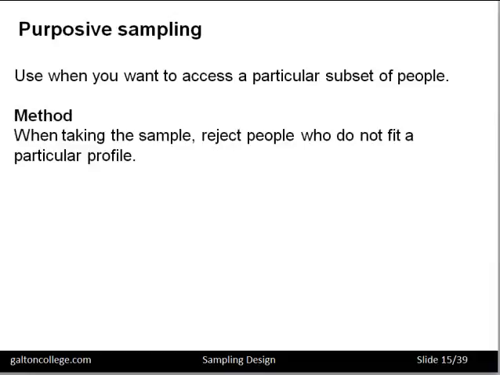The method is, when taking a sample, reject people who do not fit the particular profile. You've got a purpose. It's purposive. Check that the people fit an analysis of what has been required by the sample, and if they don't, they're rejected early.